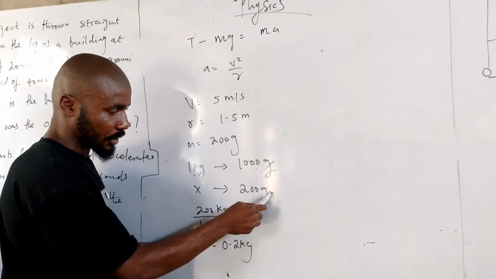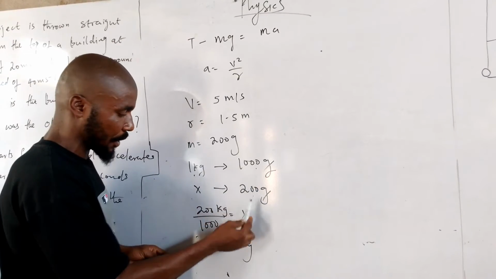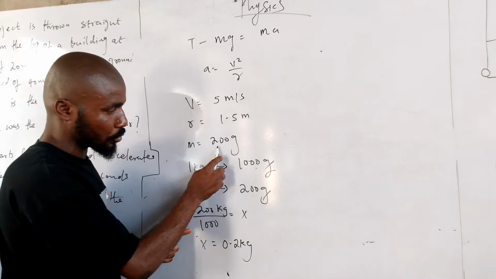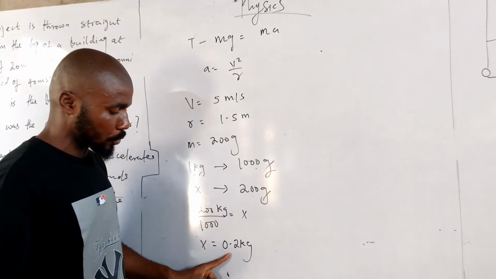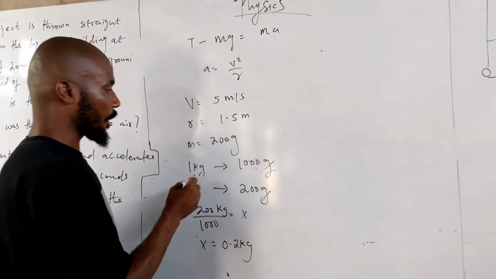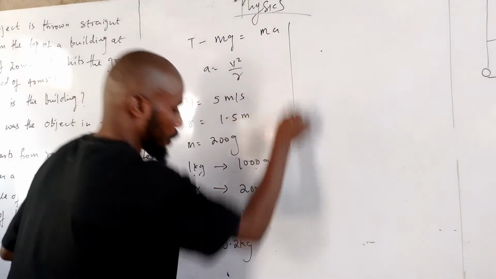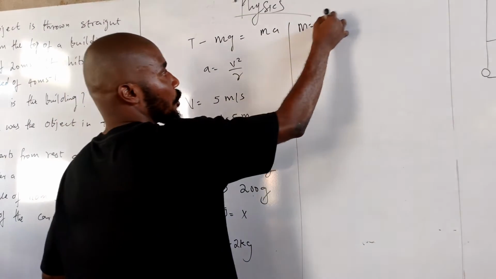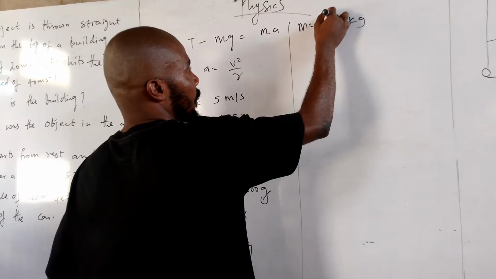This kg. After you see that gram will cancel gram here. So after your cross multiplication, you find out that your 200 gram will be equal to what? 0.2 kilogram. Okay, so in this case, our mass now will be equal to 0.2 kilograms.